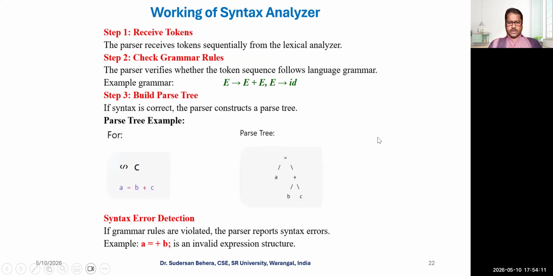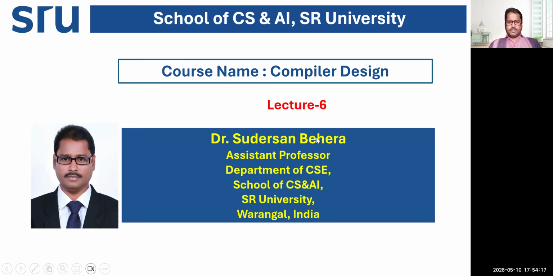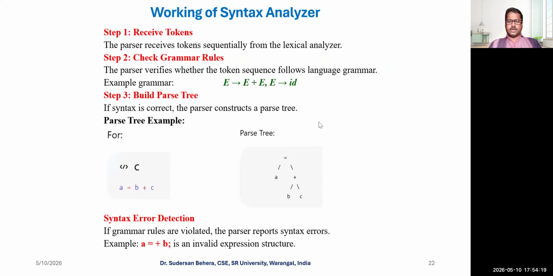So here you see one example already given. What is the second step of syntax analysis? In step one, it reads all the tokens; I mean, it collects all the tokens from the lexical analyzer. In step two, it imposes the grammatical structure. One grammar is given: E derives E plus E, E derives id.